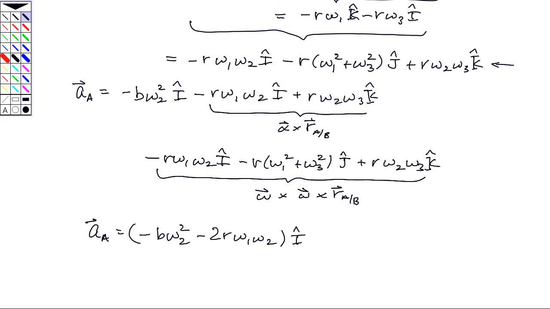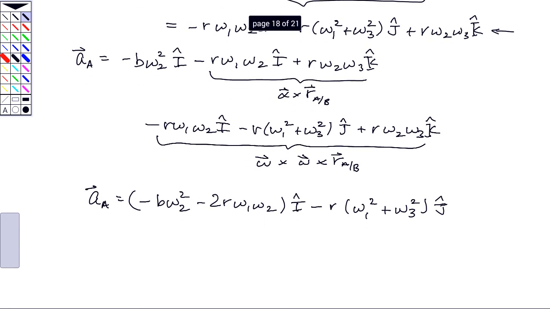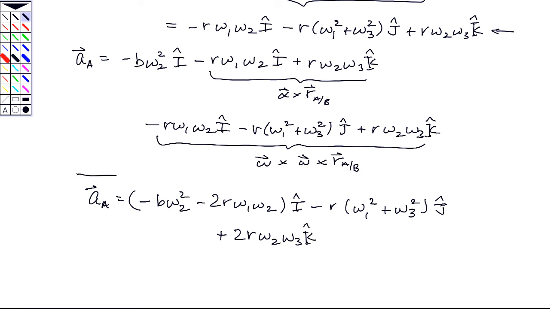And then to that we have minus r omega 1 squared plus omega 3 squared in the j direction. And then to that we add 2r omega 2 omega 3 in the k direction. And there is our acceleration.